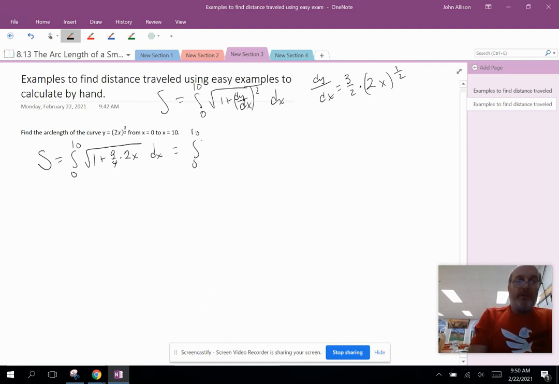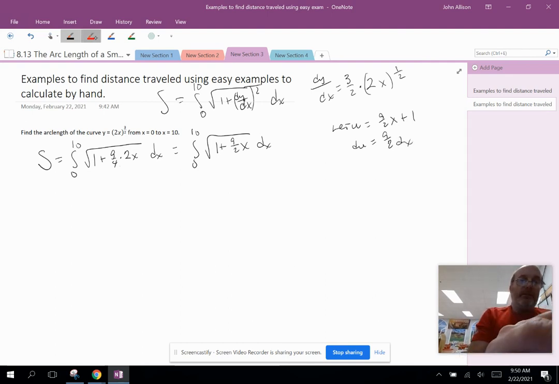That's the integral from 0 to 10 of the square root of 1 plus, now the 2 cancels the 2 down here, we end up with 9 halves x, times dx. So now I'm going to let u equal 9 halves x plus 1, and du is going to be 9 halves dx. So once again, I need my 9 halves out here, which means I'm going to have to multiply by 2/9 here.